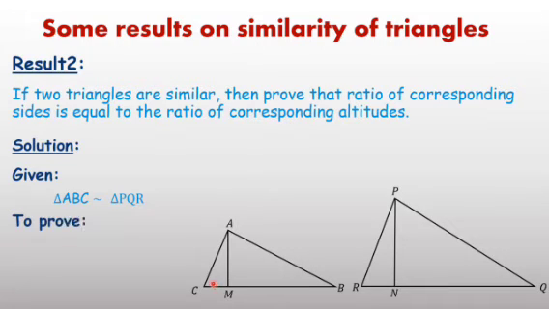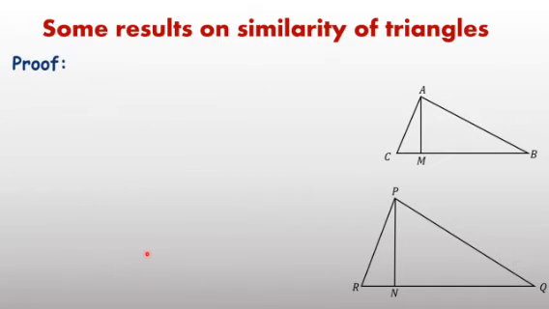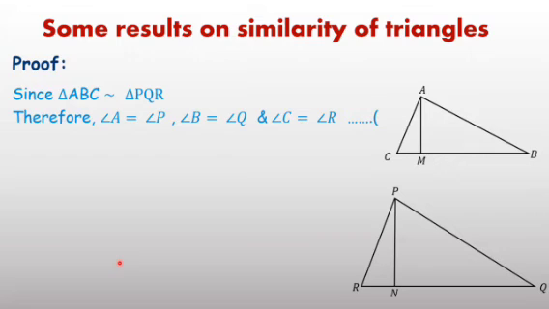Again, given part, both triangles are similar. We have to prove ratio of sides is same as ratio of altitudes. Now proof. Since triangle ABC is similar to PQR, therefore corresponding angles are equal and ratio of corresponding sides are same. First, second equation already found.